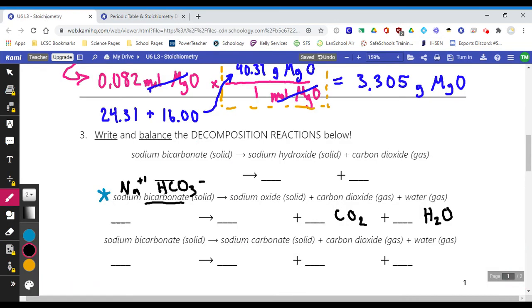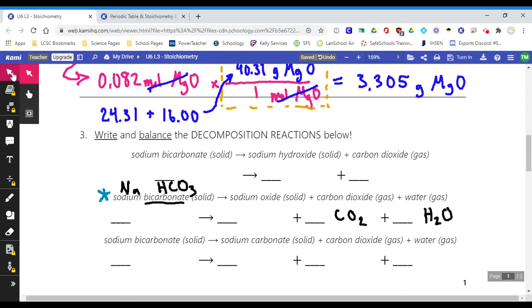Okay, well, those charges should cancel out. I should be able to take one Na plus and one HCO3 minus and put them together. My positive will cancel with my negative. I'll have no leftover charge. And that's a good sign that we've made the right chemical formula. This is the right chemical formula for sodium bicarbonate.